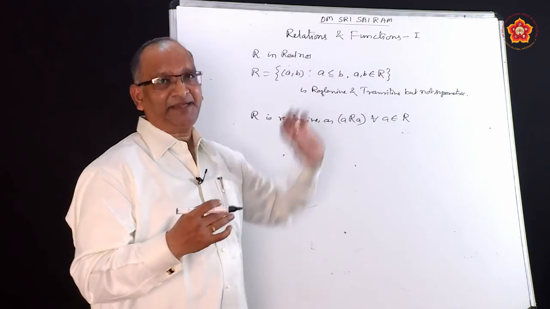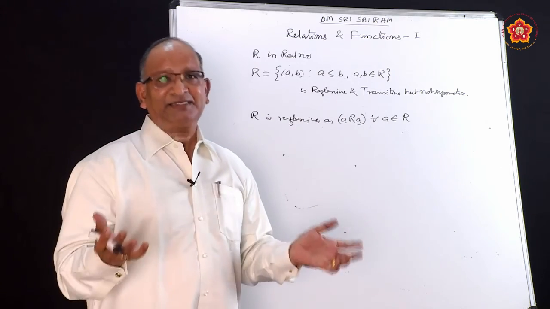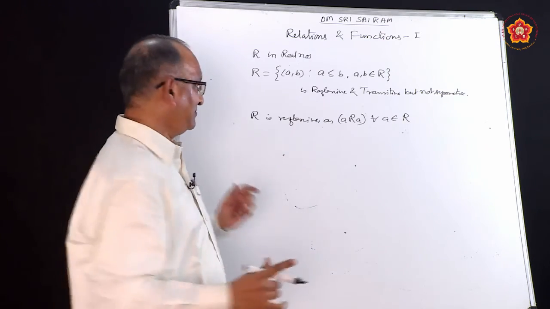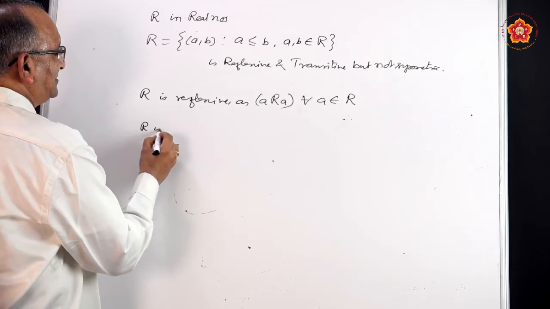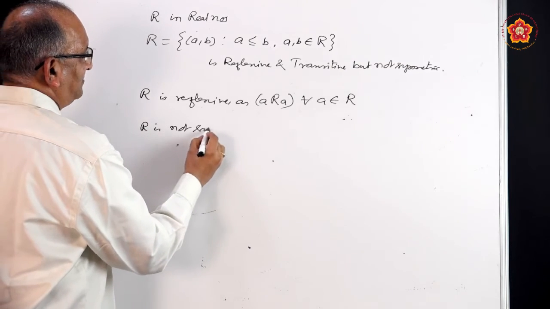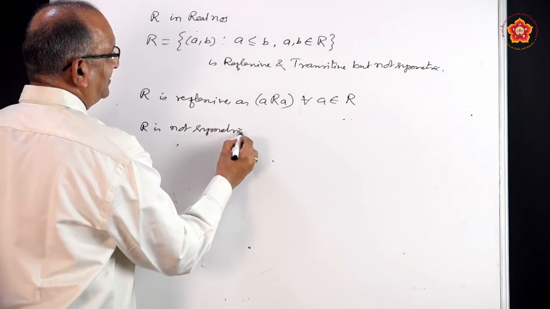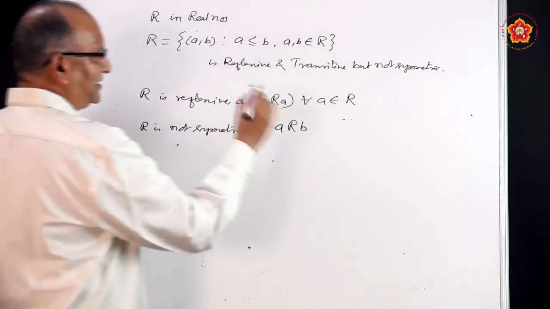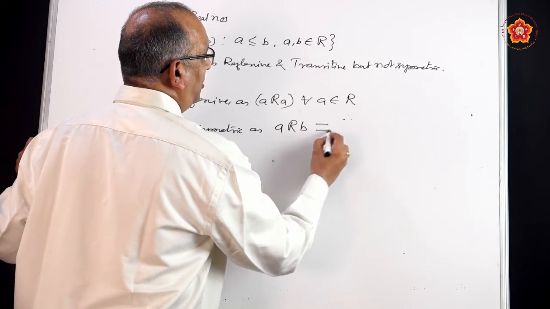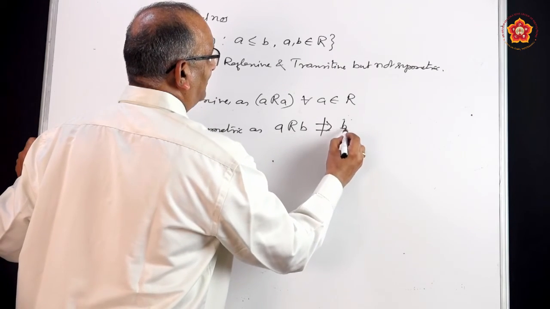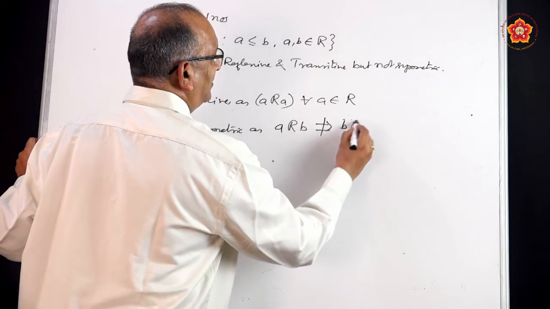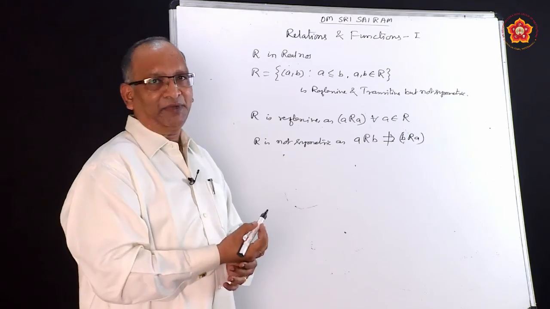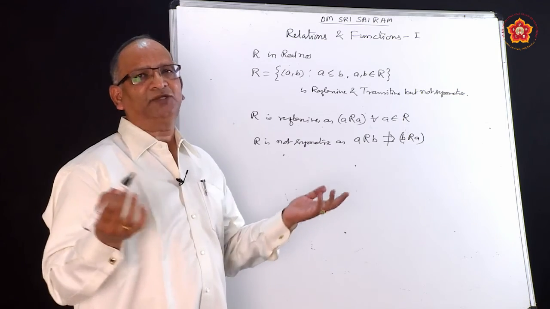He says it's not symmetric. Since he says it is not symmetric, one example can be given to confirm that. So, we will say R is not symmetric. Why is it not symmetric? As A R B, if A is related to B, does not imply B R A. Means with the same relation, B is not related to A. Take any two numbers, let us say 2, 3.